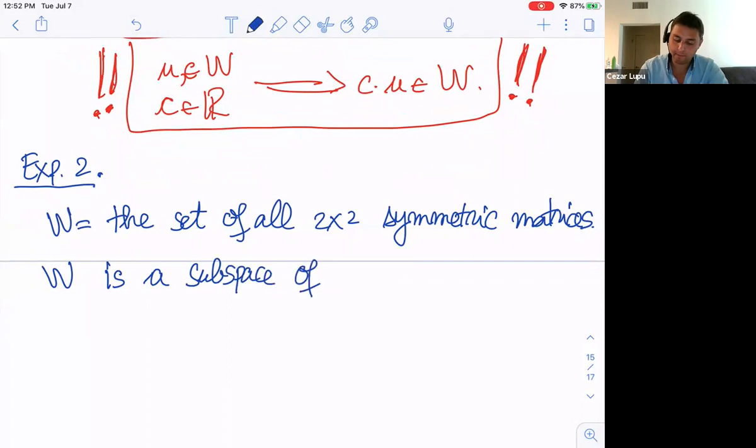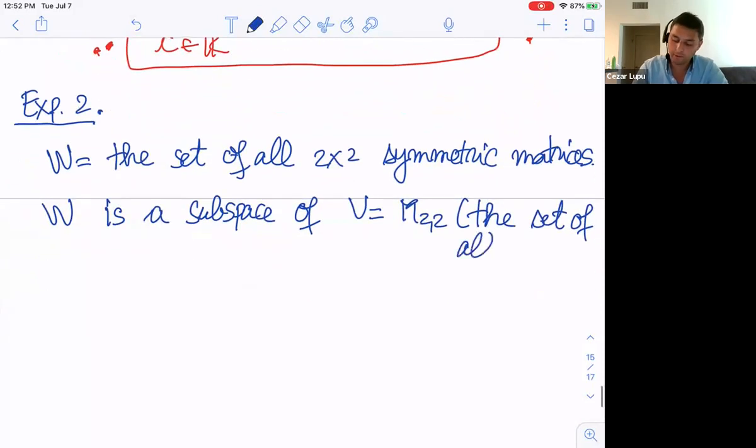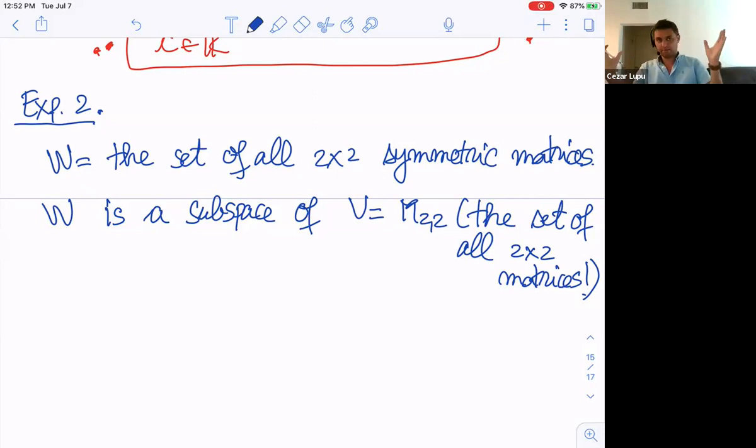of V, where V is M22, which is nothing else than the set of all 2 by 2 matrices. So I'm taking this big vector space, the set of all 2 by 2 matrices, and I'm considering this subspace of all 2 by 2 symmetric matrices.